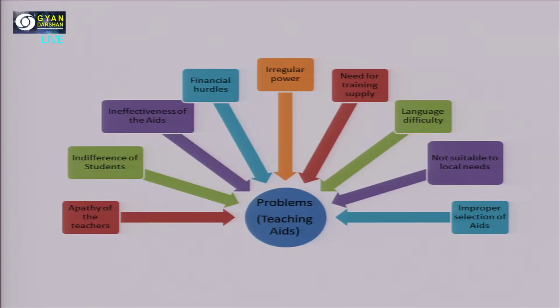Coming to the next part, while using teaching aids the teacher may confront some problems. What are the problems? There are improper selection of aids, unsuitability to local needs, language difficulty, need for training supply, irregular power, financial hurdles, ineffectiveness of the aids, indifference of students, and apathy of the teachers.